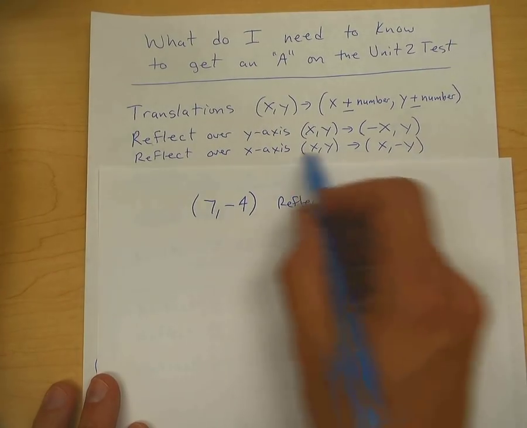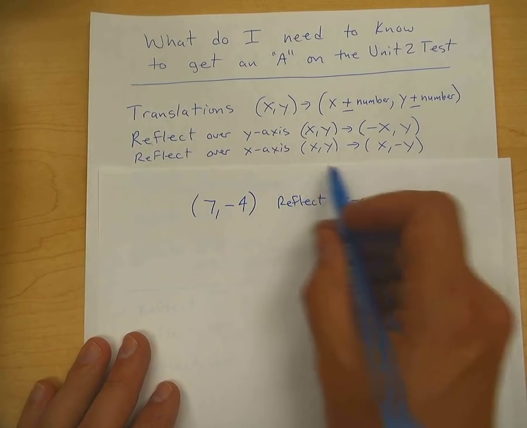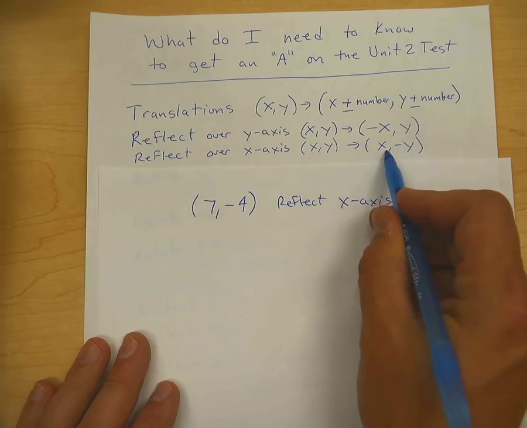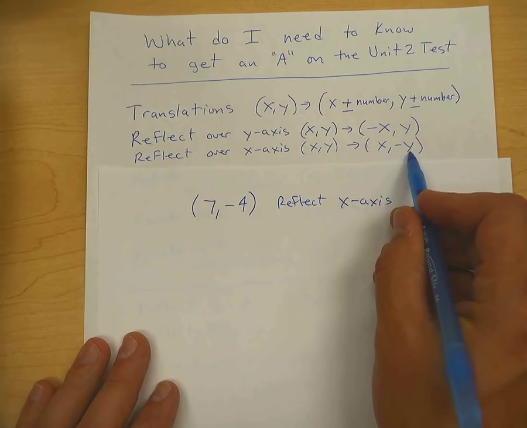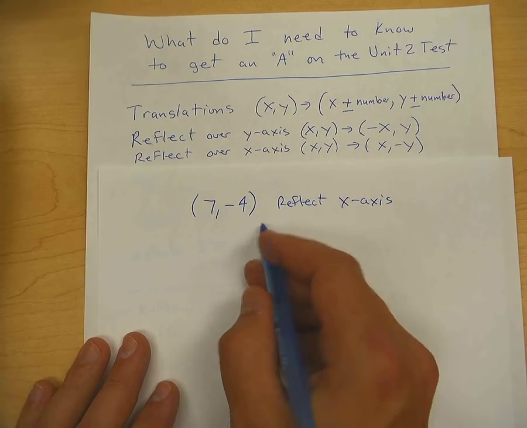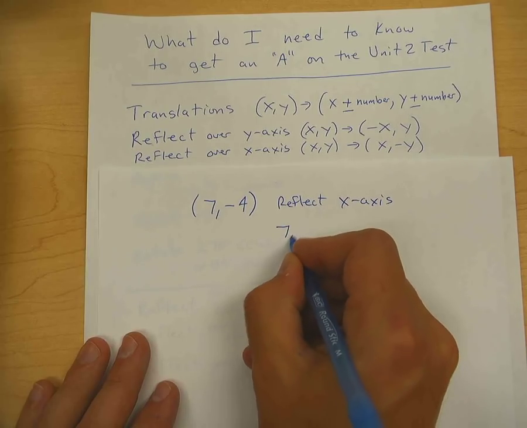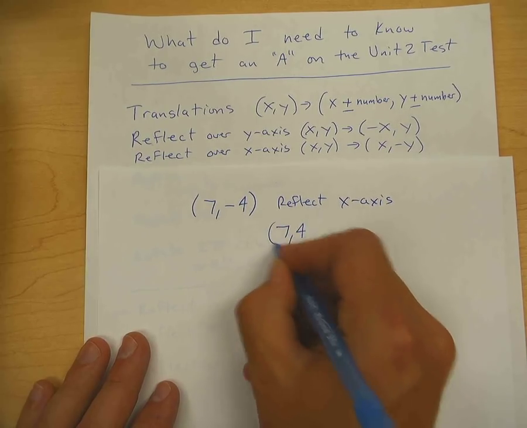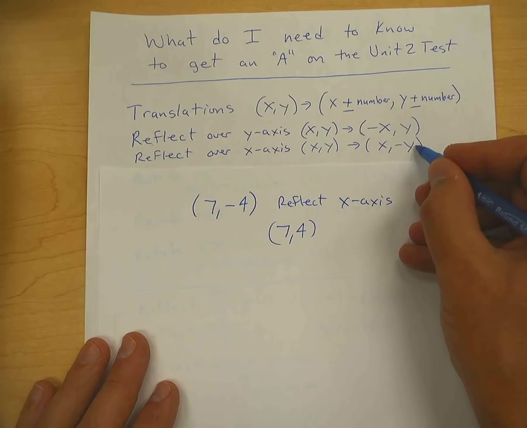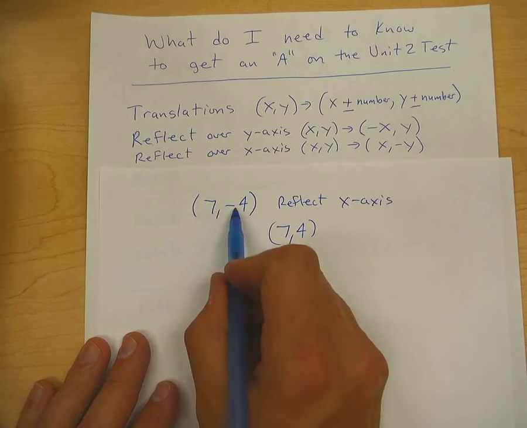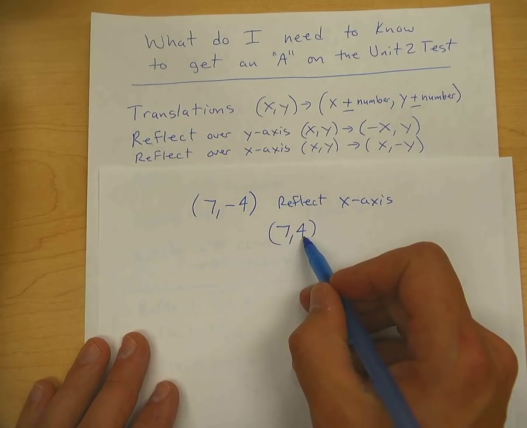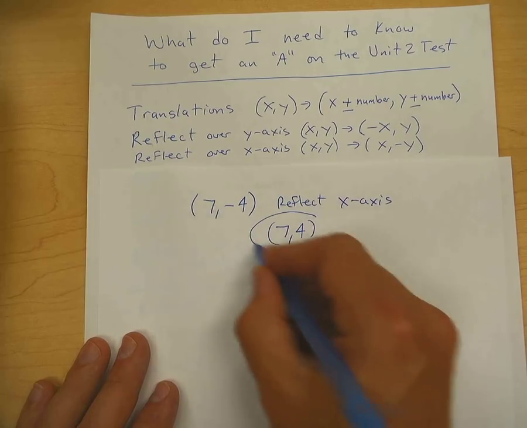That's this rule right here. And you can see the x stays the same. The y becomes the opposite. So in this case, this would become (7, 4). Now you're wondering, well, wait a second, that's a negative y. Well, since y was already negative, it becomes positive. So this is the new coordinate.